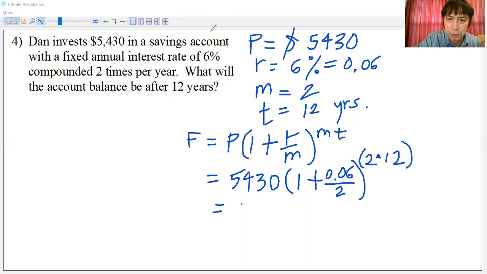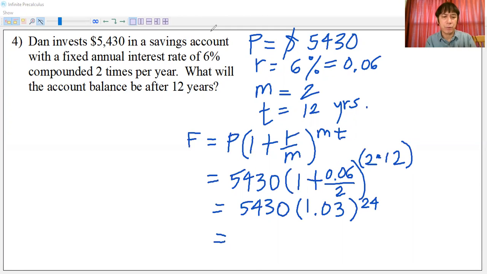So this will be just 5,430 times the quantity 1.03 raised to the power 24.